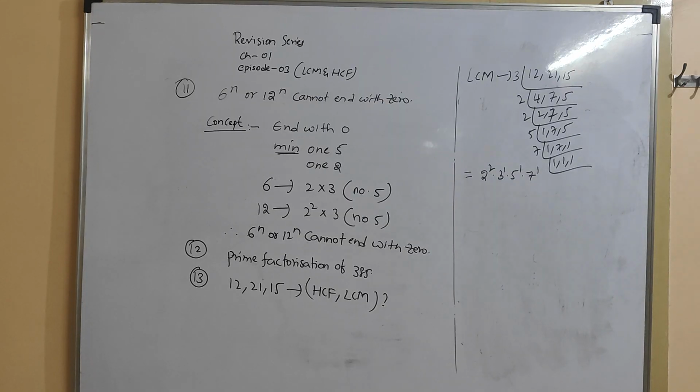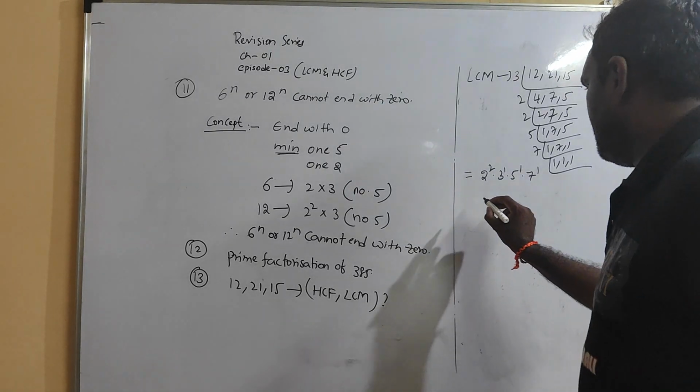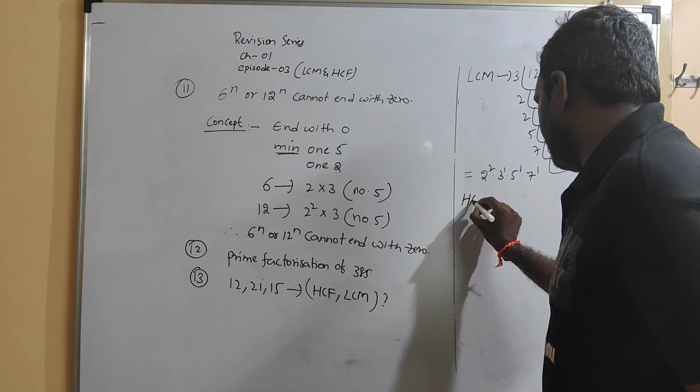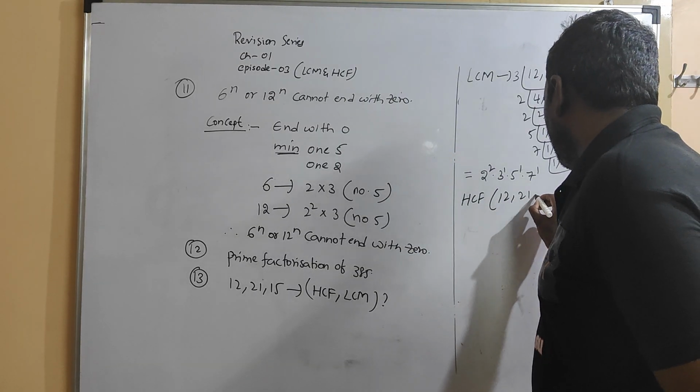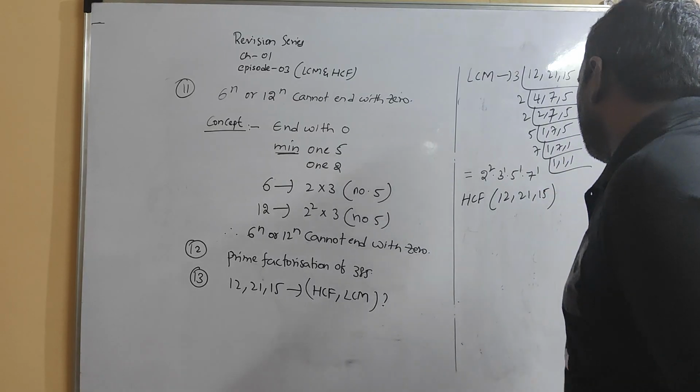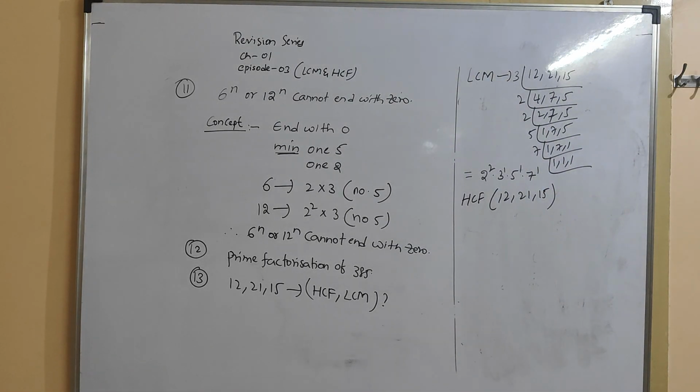And for 3 numbers, how to find HCF? That means long division for finding HCF of 3 numbers, I will tell you. See, 12, 21, 15. Here only small numbers are there, you won't get any trouble. If bigger numbers are there, check which 2 numbers are comparatively a little close.